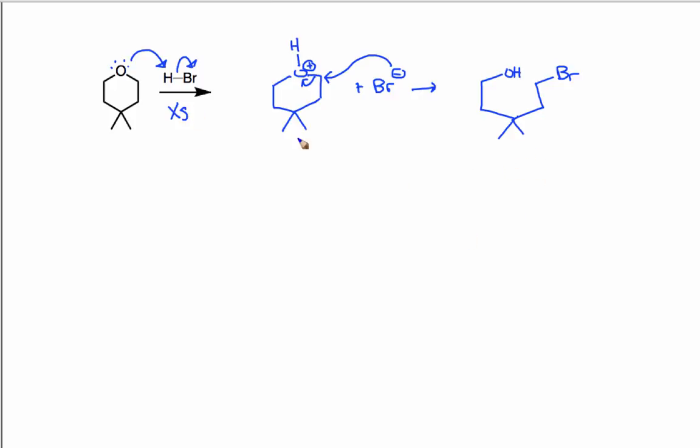Well, now if I have an excess of HBr, so now I'm going to use this lone pair on the alcohol as my nucleophile, attack my proton, and displace the bromine.